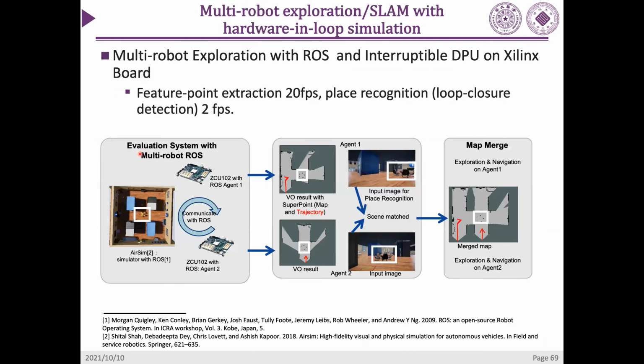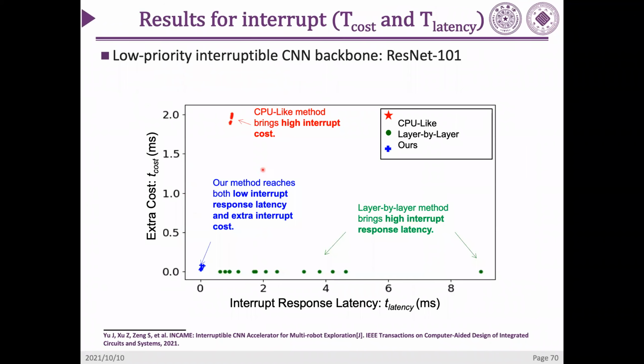We changed the architecture design and tested it with multi-level exploration in this scenario. We found that our method reaches both low interrupt response latency and low extra interrupt cost.